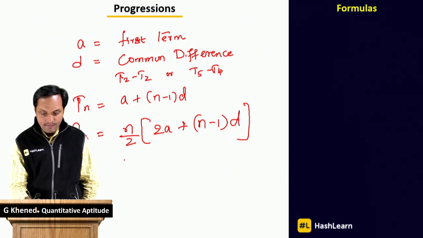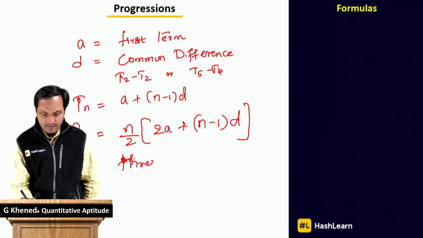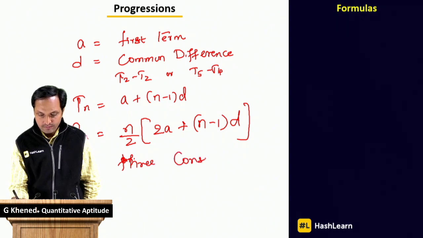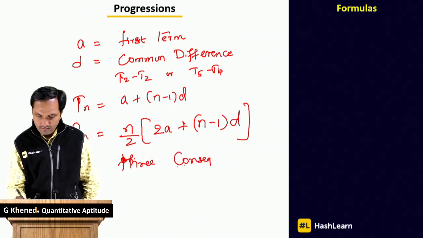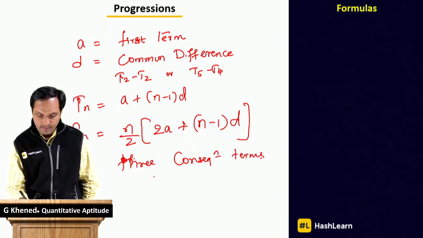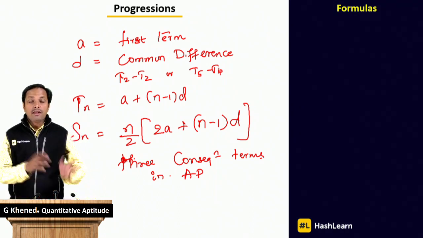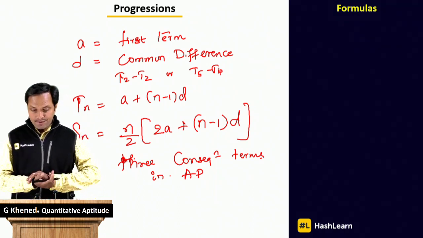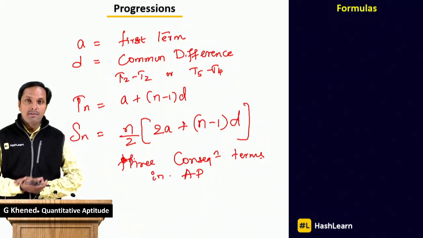Then you have 3 consecutive terms in arithmetic progression. Sometimes they will ask you 5 consecutive terms in arithmetic progression, sometimes 4.